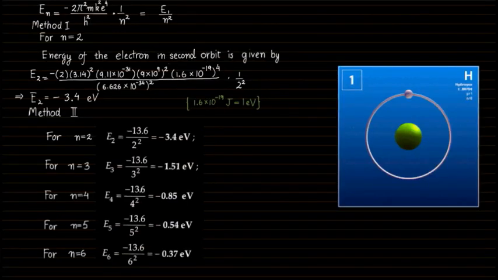Similarly, we have derived for the electron in the second orbit, minus 3.4, in the third orbit, minus 1.51, for the fourth orbit, minus 0.85, for the fifth orbit, minus 0.54, for the sixth orbit, minus 0.37.